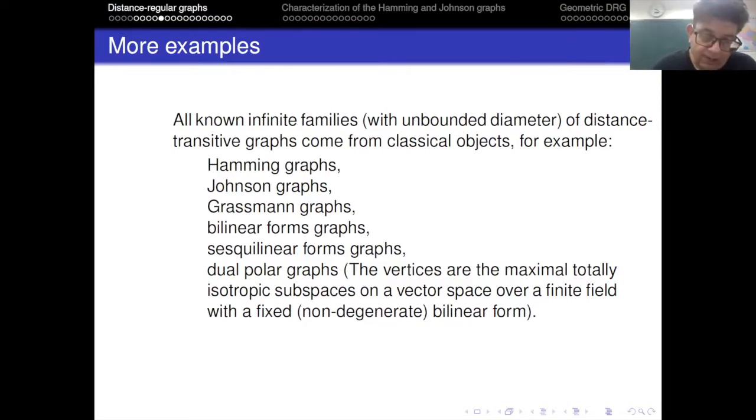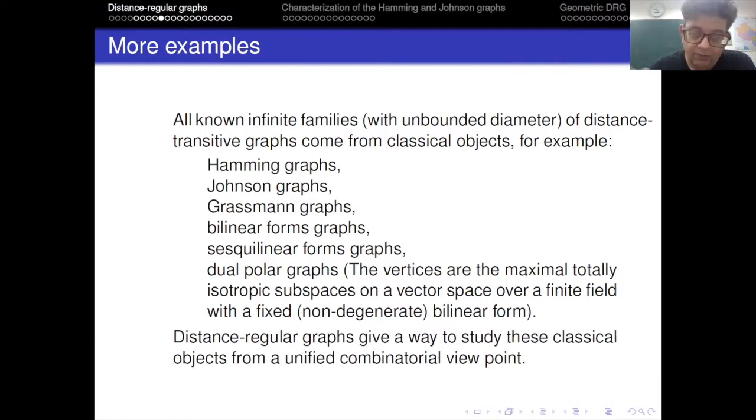And then you have the bilinear form graphs and the sesquilinear form graphs and the dual polar graphs and so on. These are almost all the distance transitive graphs. I only look at the primitive ones; I will give a definition later. One way to look at distance regular graphs is that they give a way to study these classical objects from a unified combinatorial viewpoint.